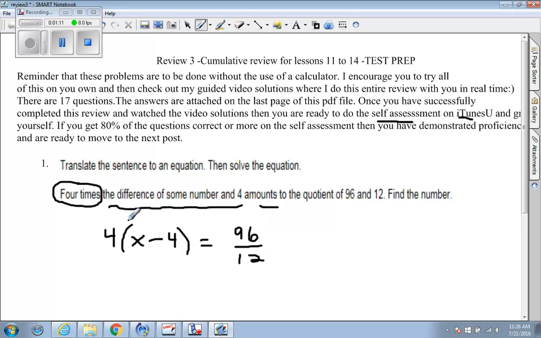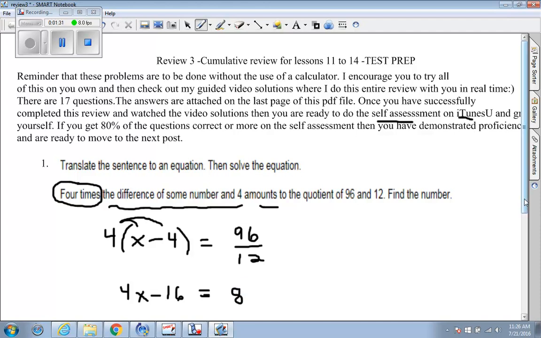So clearly we're going to solve this. So now let's go ahead and solve. So we're going to have 4x minus 16 equals whatever 96 divided by 12 might be, which is 8.